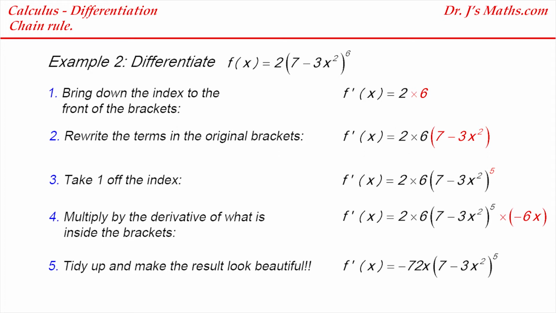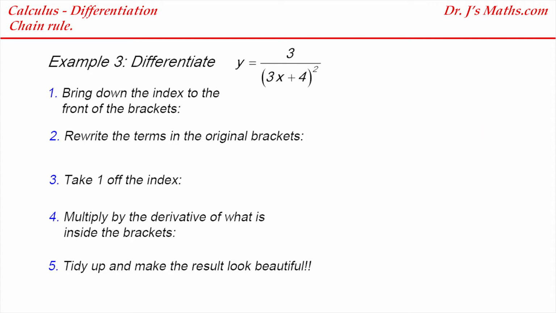So f dash x is equal to 2 times 6 times minus 6, which is minus 72, x bracket 7 minus 3x squared all to the fifth. So good.